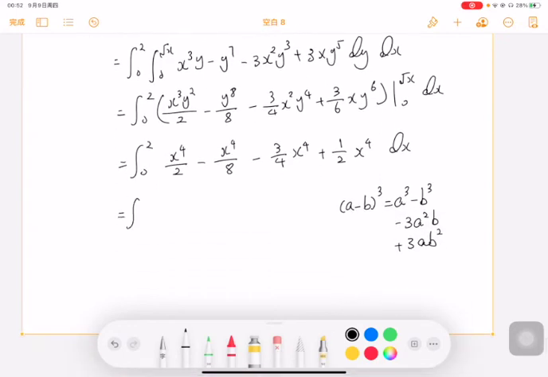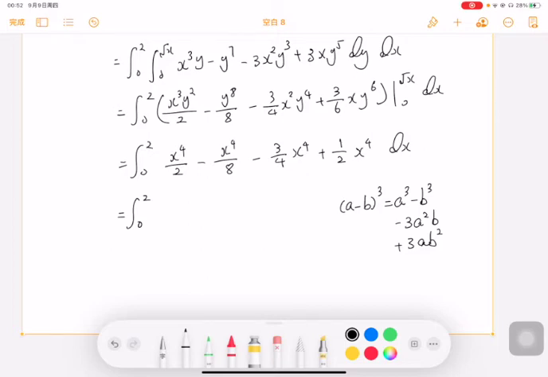Yeah, in hindsight, the other way around might be much, much easier, because when you integrate with respect to x first, y is kept as constant. Let me just do that one as well. Okay, now compute this. You get x to the 4th over 2 plus x to the 4th over 2.